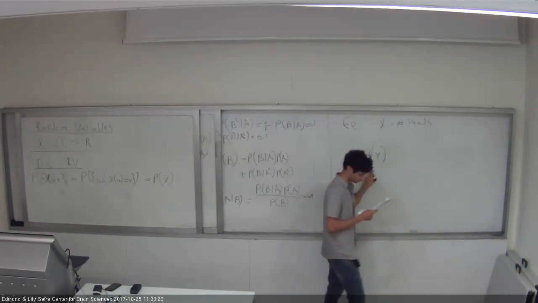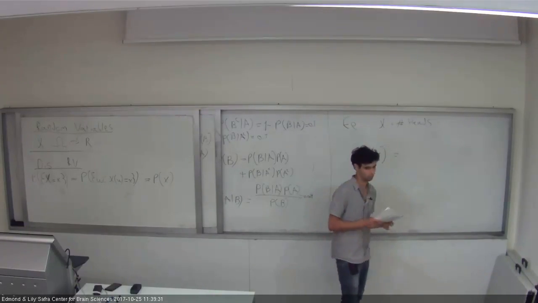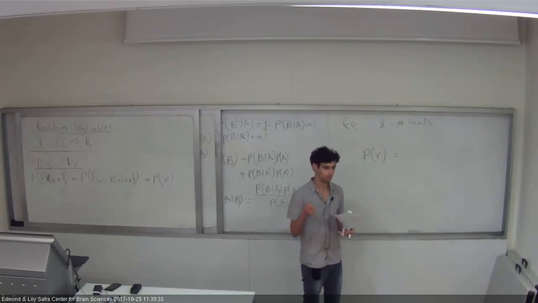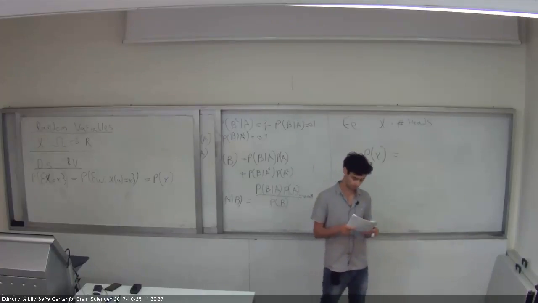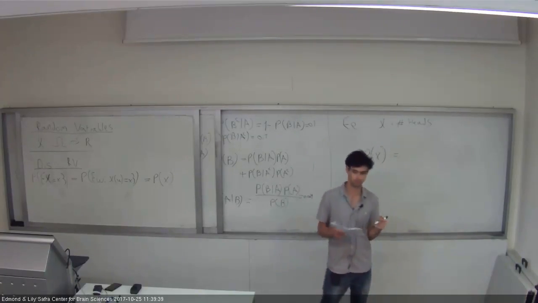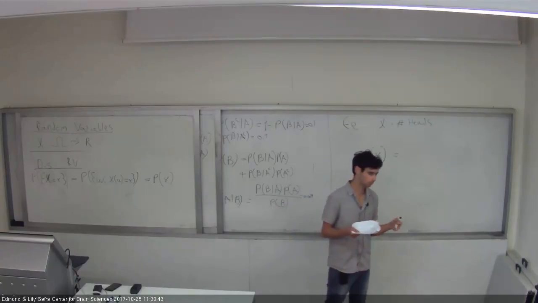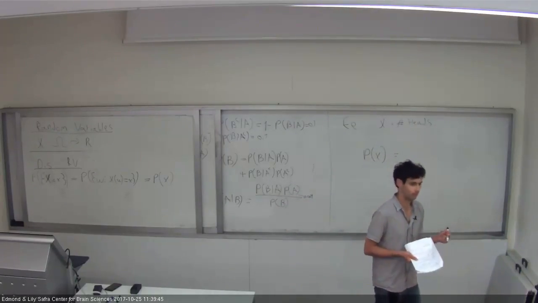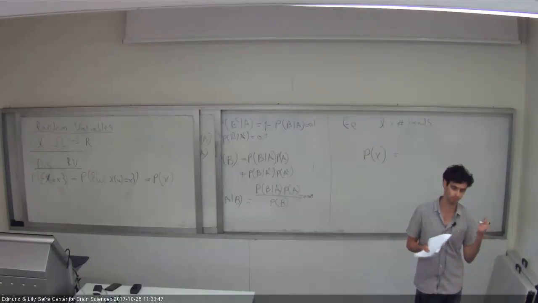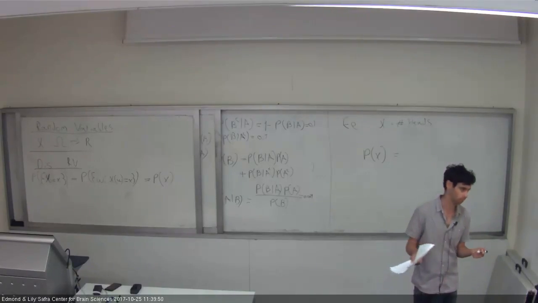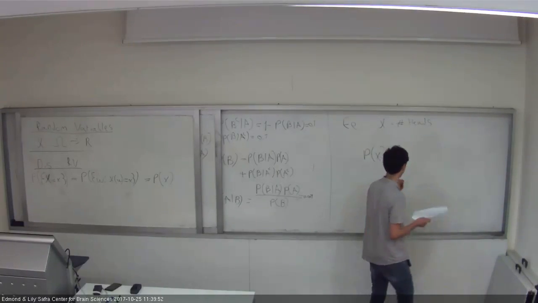So what is P of X? What is the probability that X is equal to 0? Right, 1 over 4, because we want to get tail in the first toss and also in the second. Okay? So it's 1 over 4.